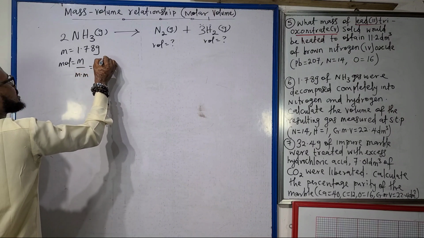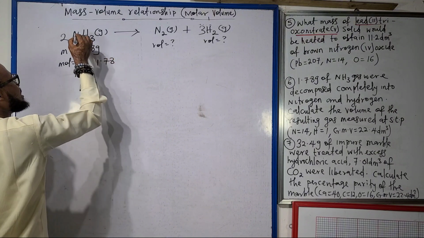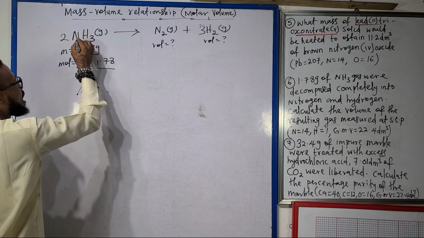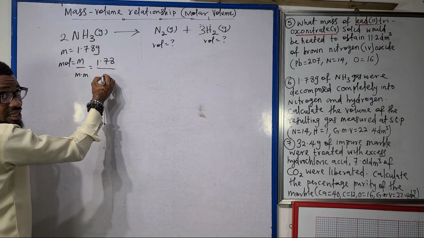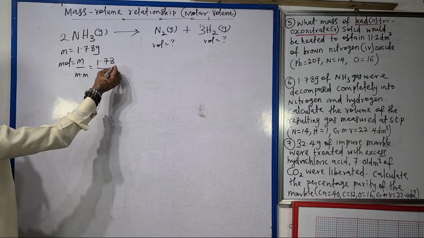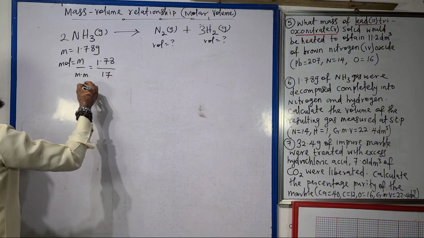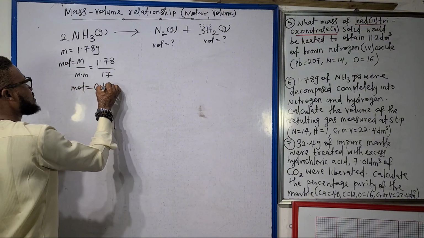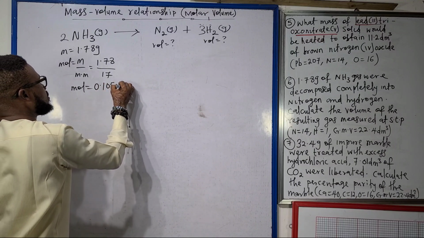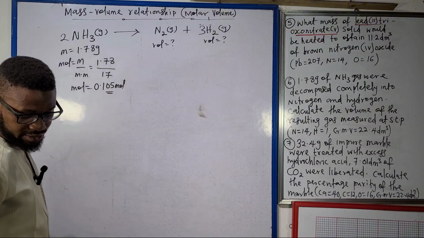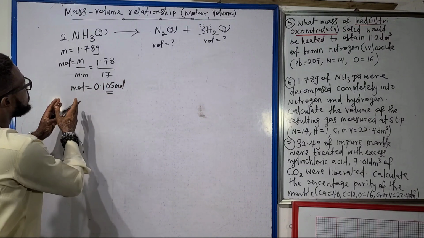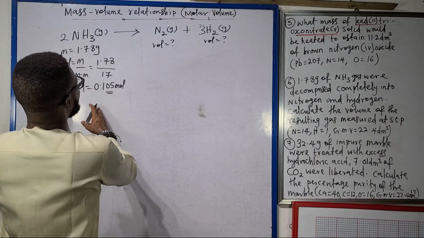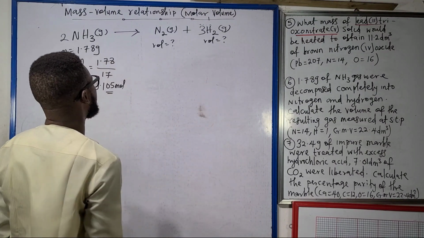This will be 1.78 over the molar mass of ammonia gas, which if you calculate, is 17. So the mole of this is 0.105 mole. So we then use this to unlock this.